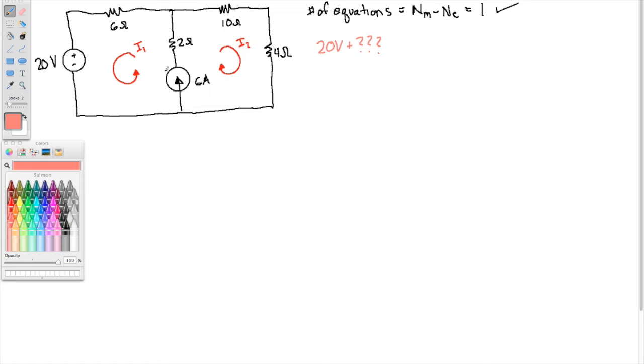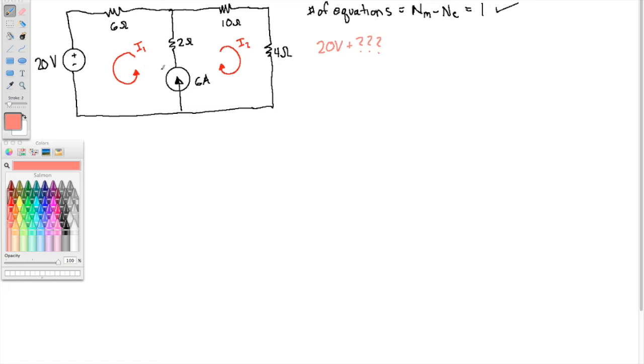But what about current sources? Well, if you understood nodal analysis, here we have the same or a similar issue: we can't write an expression for the voltage across a current source. So we're in trouble if we try to go up this branch.